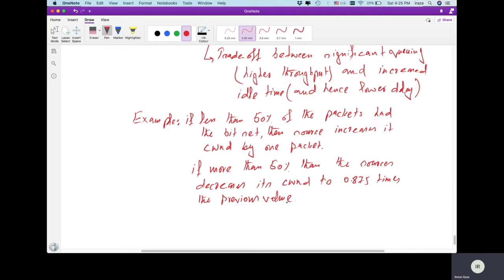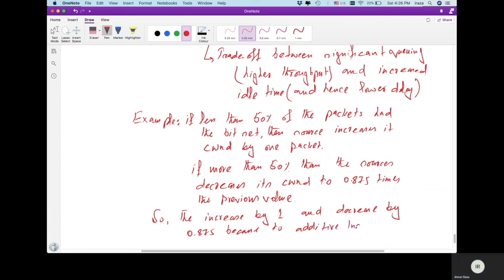All right. So this means the increase by 1 and the decrease by 0.875 is because of its similarity to additive increase and multiplicative decrease.